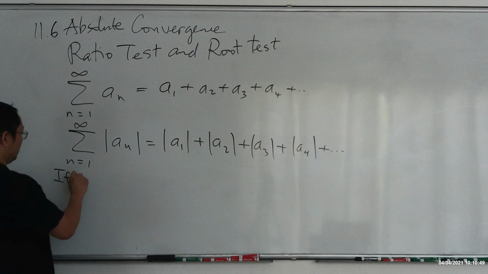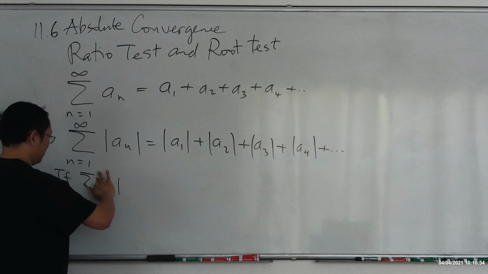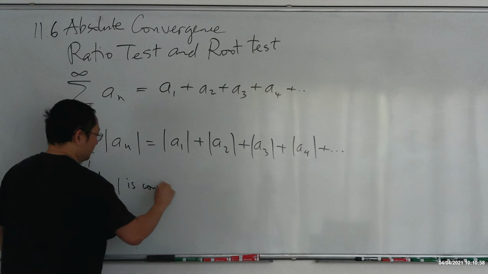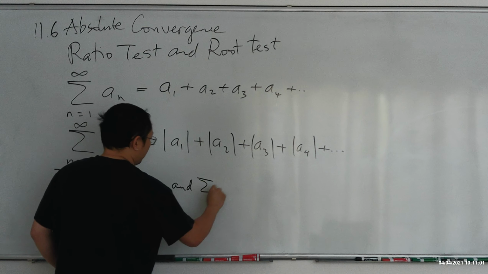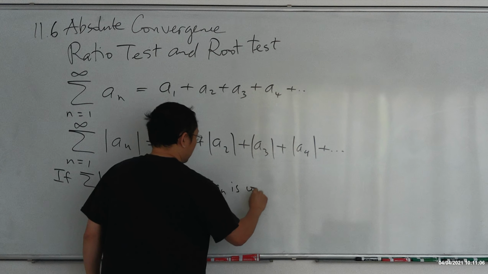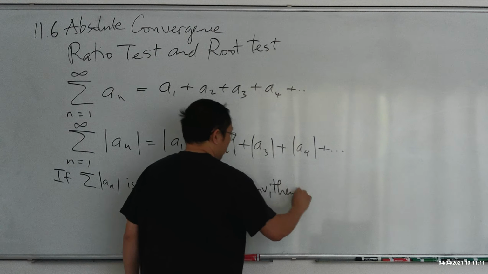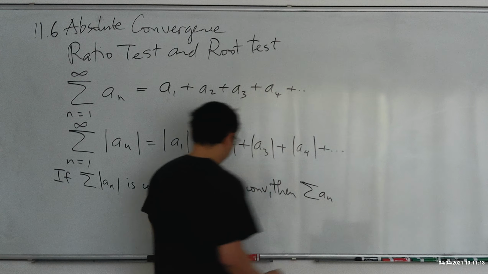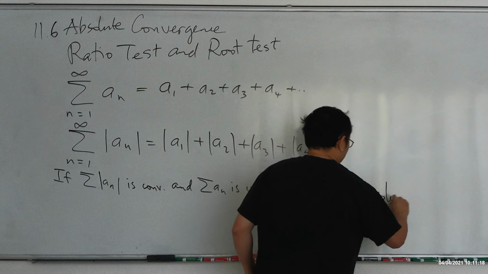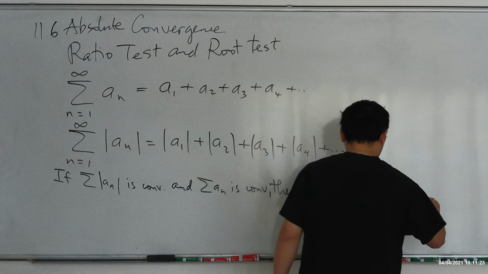If the sum of the absolute value of a_n is convergent, and the sum of a_n, no absolute value, is also convergent, then we say that this one is an absolute convergent series.